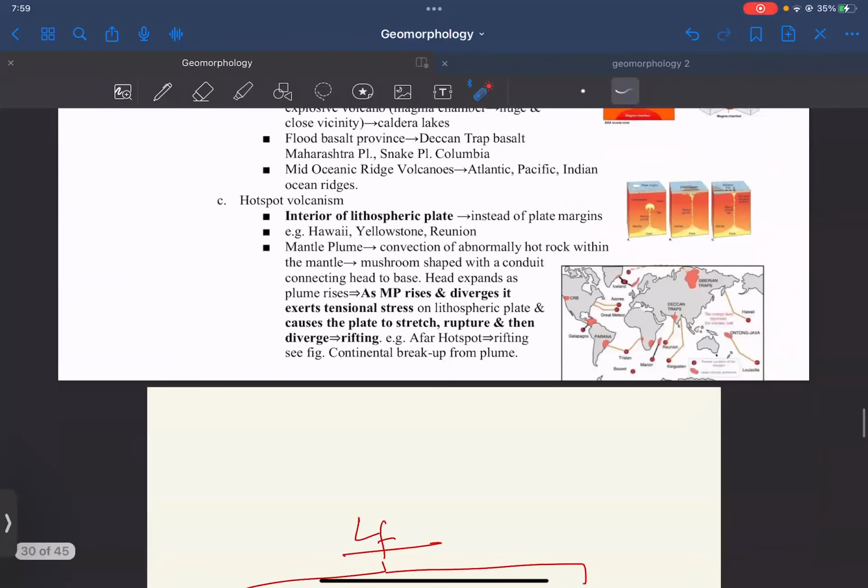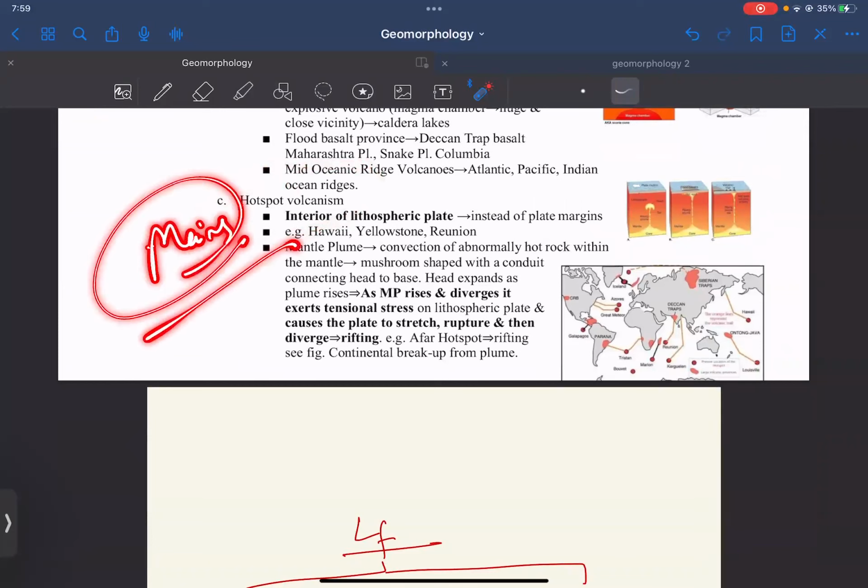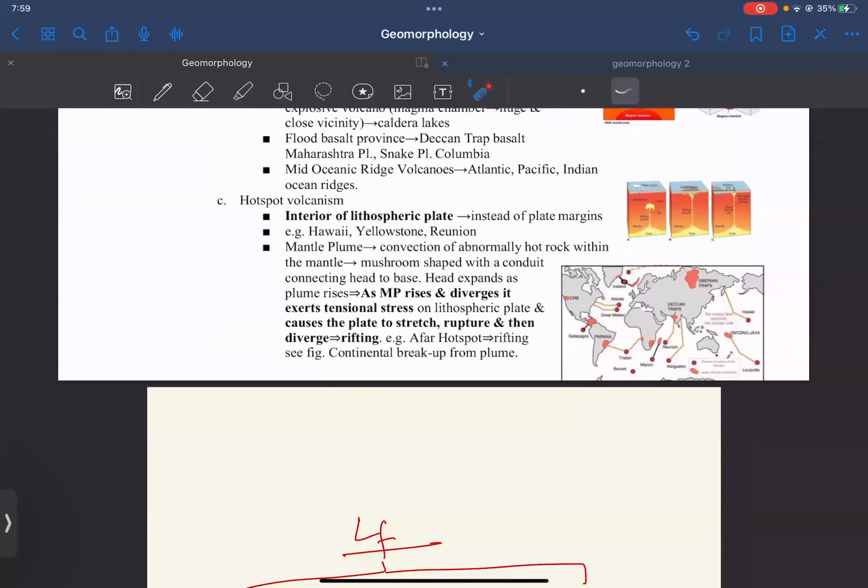All right. Then most important, UPSC had asked question in the mains on the hotspot volcanism. So now what is hotspot volcanism? Let's have a look at it.